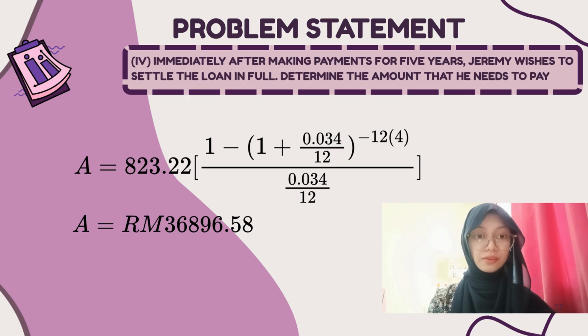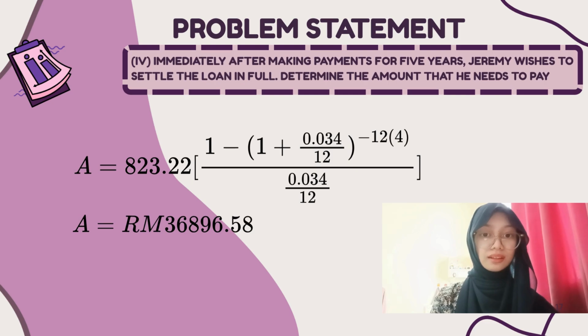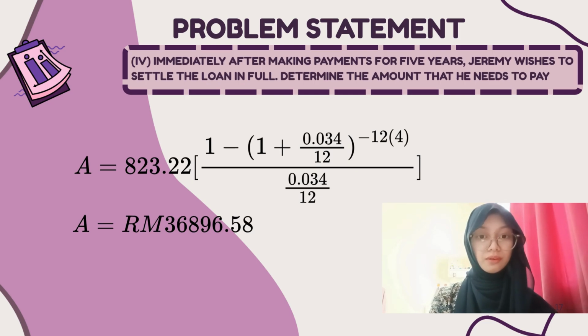Jeremy wants to settle his loan in full after making his payment for 5 years. The total of his loan is 9 years, so we need to minus it and you will get the remaining 4 years left. The other numbers in this formula remain the same. Therefore, the answer for this question would be 36,896 ringgit and 58 cents.